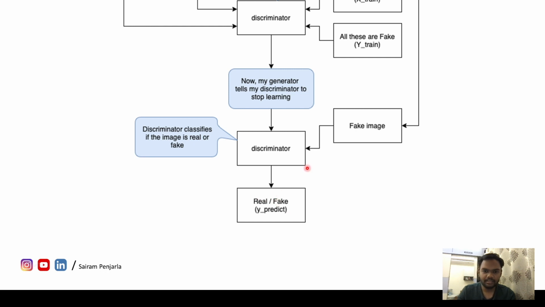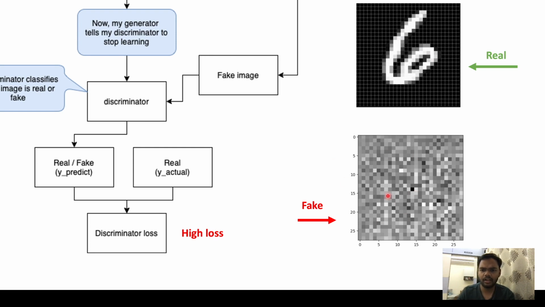But right now we are at the very beginning of the training. During the starting stages of training, my latent vector is just random noise and my generator is very dumb. So whatever fake image I'm giving here, it's pretty much obvious that it's fake. This is how my generator has created an image from that latent vector, and this is how a real image looks like.